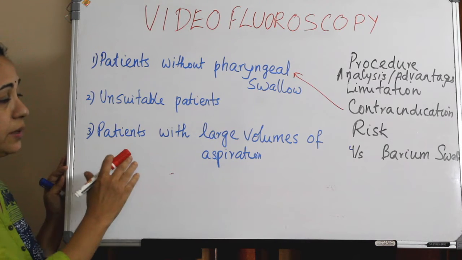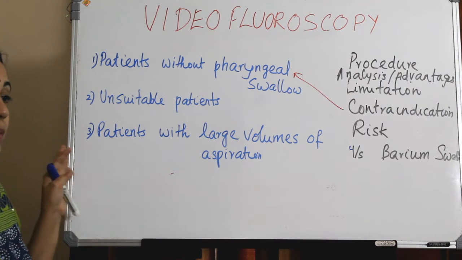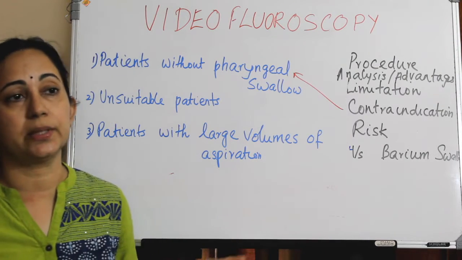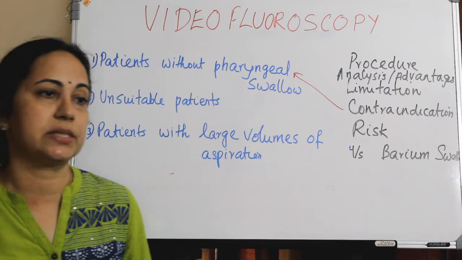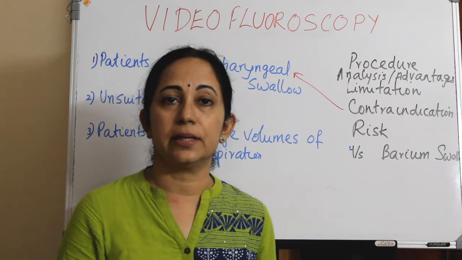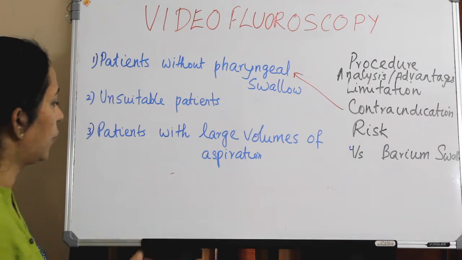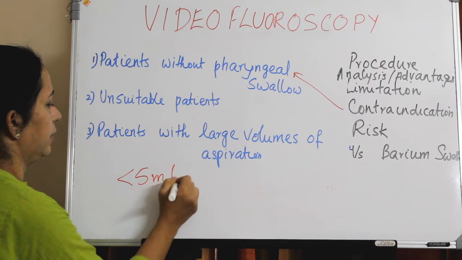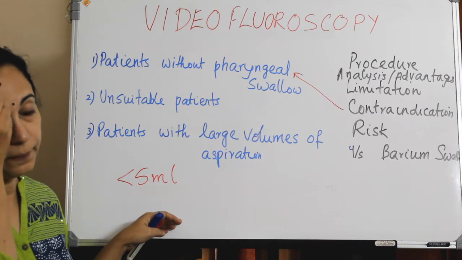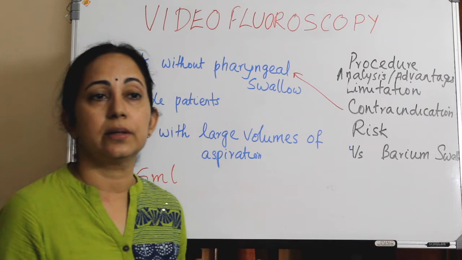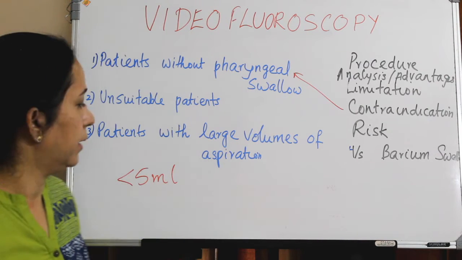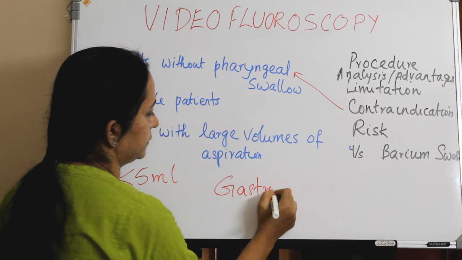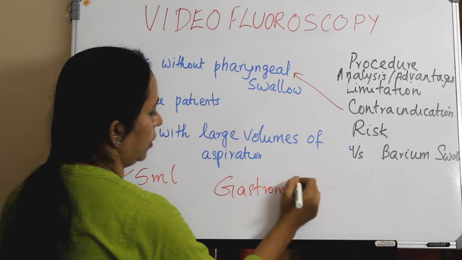Then if you are anticipating large volumes of aspiration in a patient, it is not an absolute contraindication, but a high level of caution should be there. In those cases, do an initial very small volume swallow testing, less than 5 ml, and use water soluble dyes or contrast materials like Gastromiro or Omnipaque.